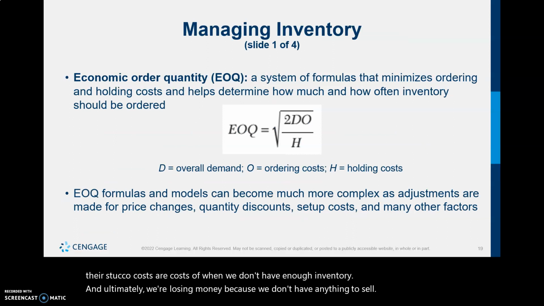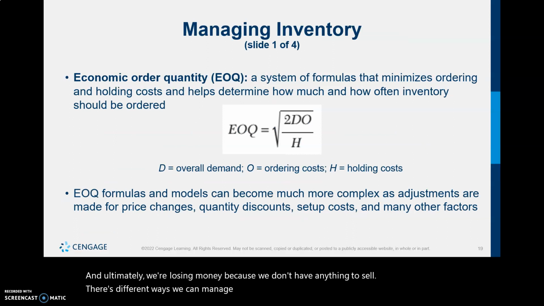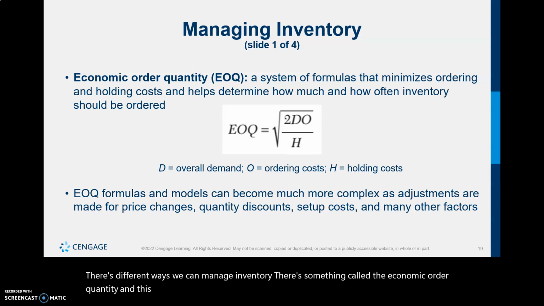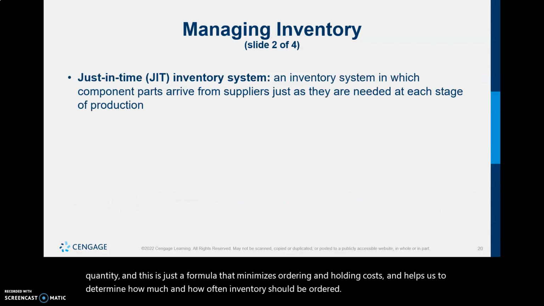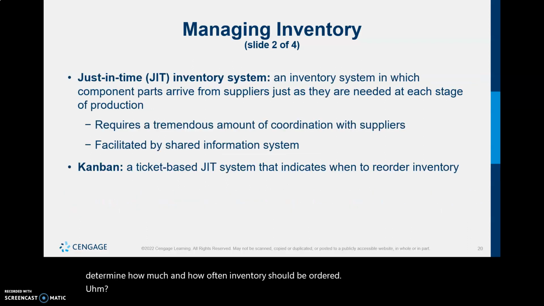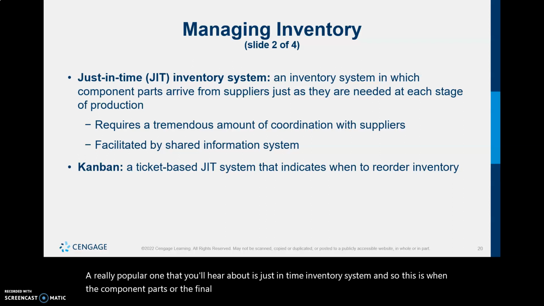There are different ways we can manage inventory. There's something called the economic order quantity, which is a formula that minimizes ordering and holding costs and helps us to determine how much and how often inventory should be ordered. A really popular one that you'll hear about is the just-in-time inventory system, when the component parts or the final product show up at a retailer or at a production facility at exactly the time that they need them.